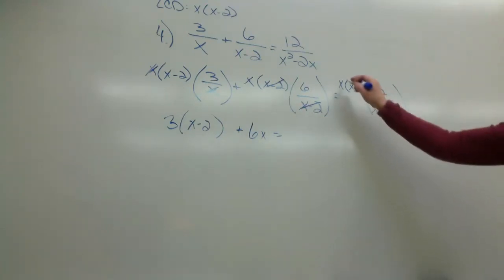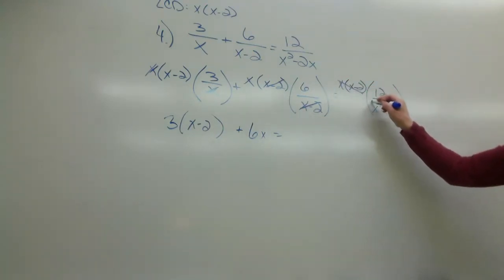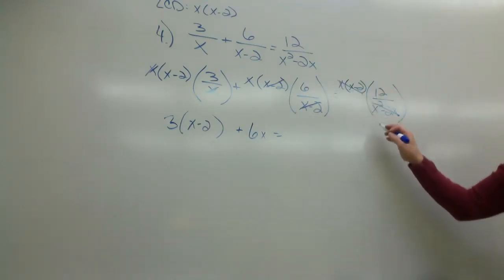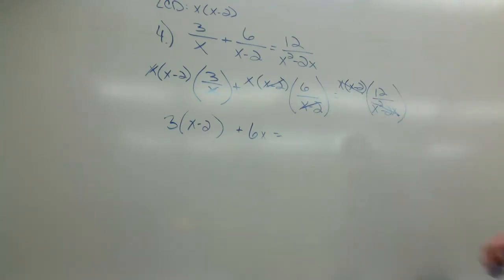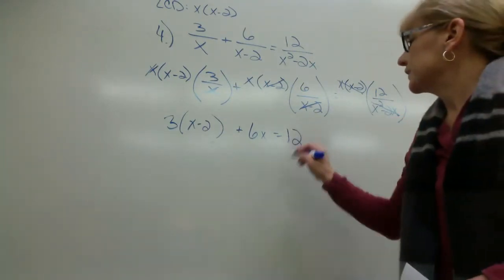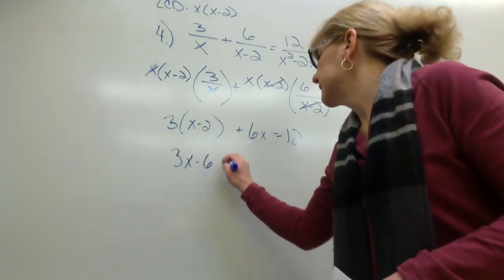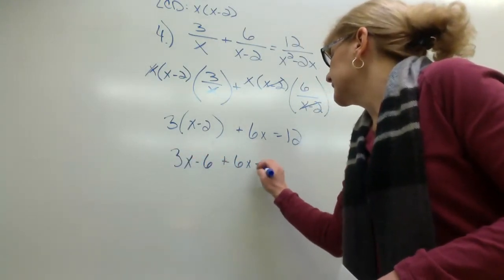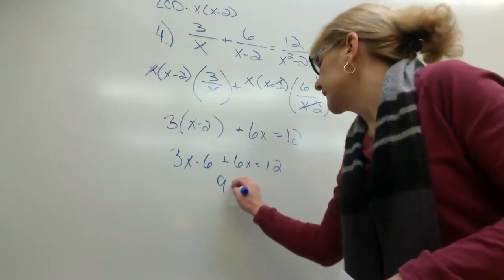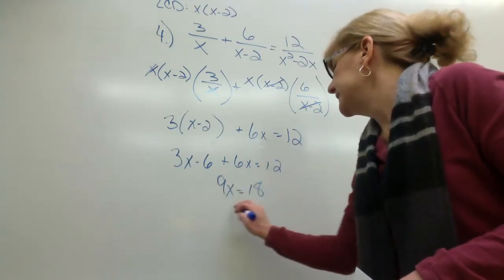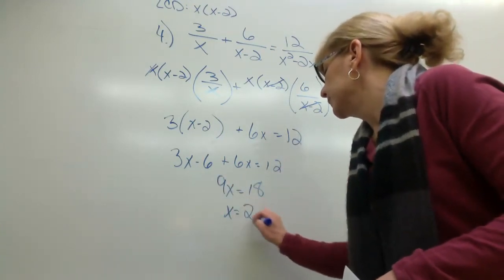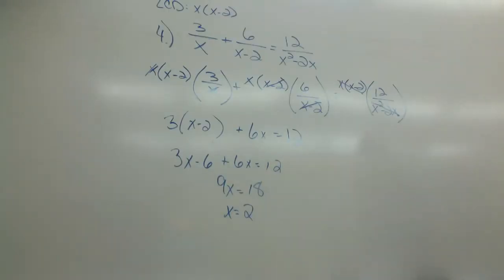And in the last term, I will cancel both x and x minus 2 in that x squared minus 2x, leaving me with a 12. This gives me 3x minus 6 plus 6x equals 12. I get 9x is equal to 18, so x is equal to 2. So it appears that the solution to this problem is a 2.